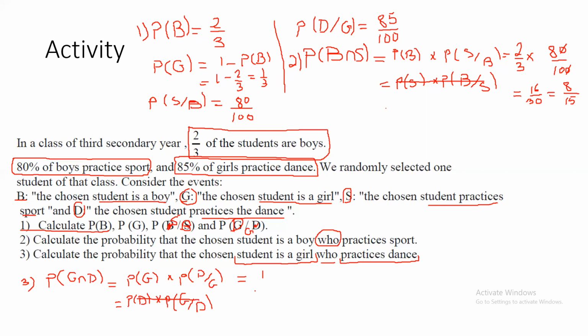The probability of girl is 1 over 3 times 85 over 100. We can simplify by 5. We get 17 over 20. We get 17 over 60.